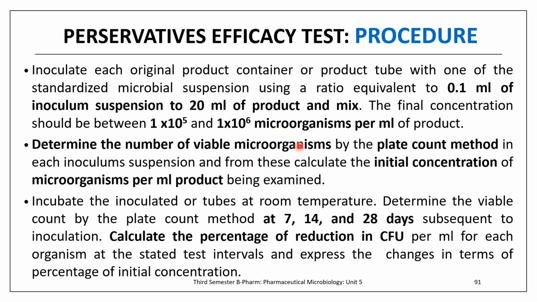And once we have added the inoculum, we should determine the viable number by plate count method. We had described the different methods for determination of the count of bacteria. There are different methods for determination of viable number as well as total number.